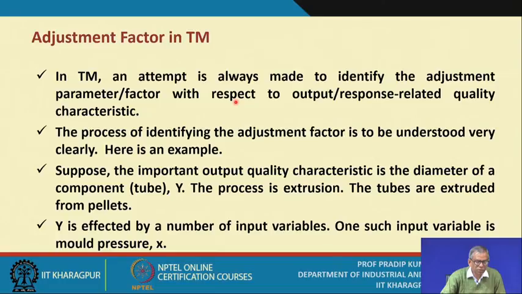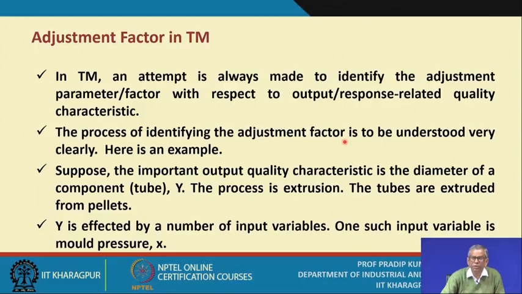And you need to identify this adjustment factor with respect to the output or response related quality characteristic. So you have a product, and from the product you need some kind of output, and there may be 2 or 3 kinds of outputs. How do you define this output? With respect to the output quality characteristics. Sometimes they are also referred to as the response variables.